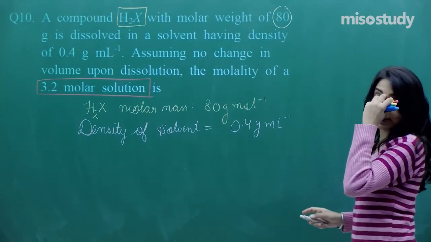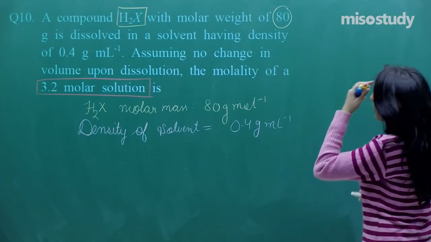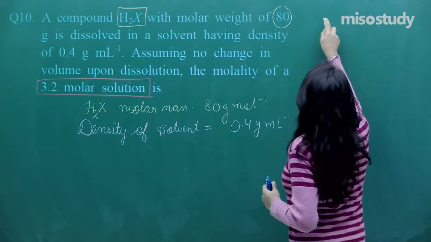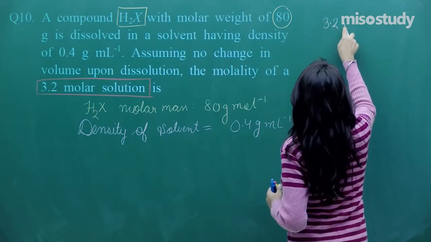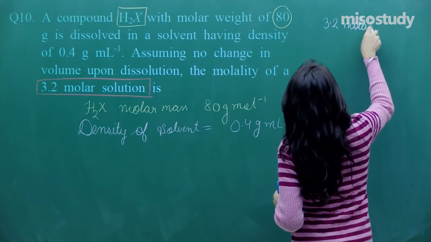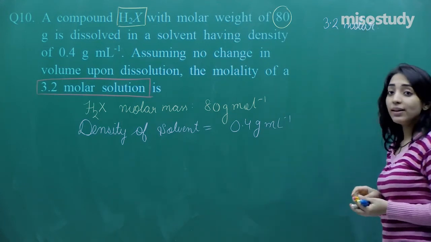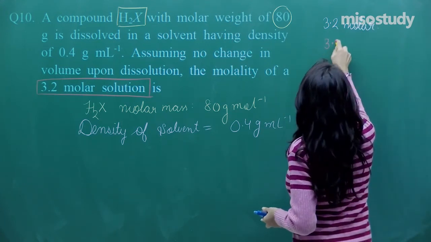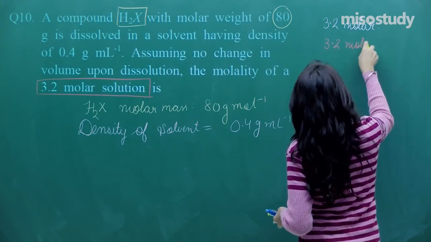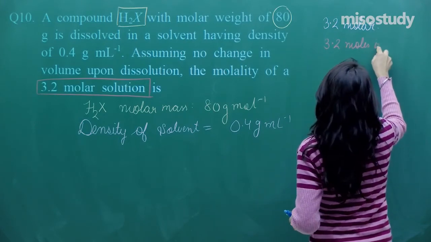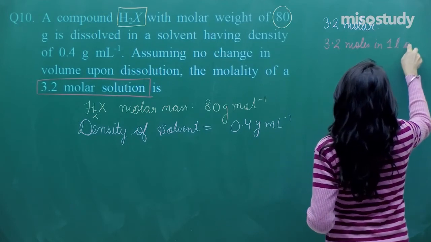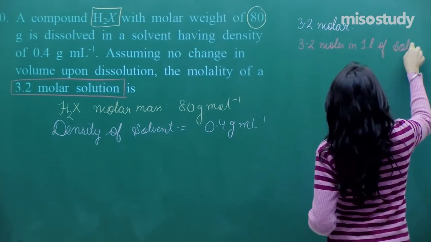So how to proceed? Can I move like this? I have a 3.2 molar solution, right? That means 3.2 moles are present in 1 liter of solution.